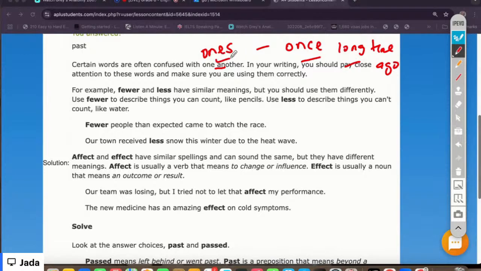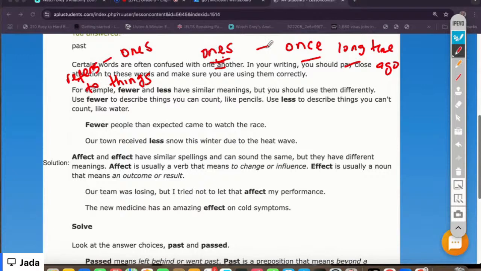And then this one over here, ones, is a plural form of one. So it refers to things. So once you say ones, you just mean plural of this.